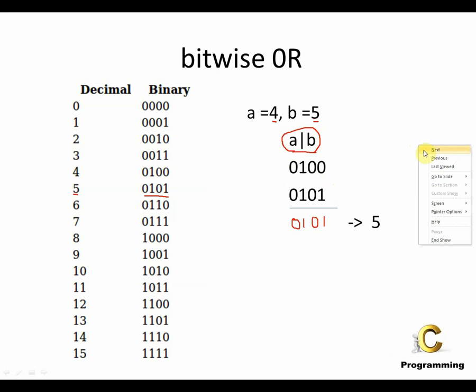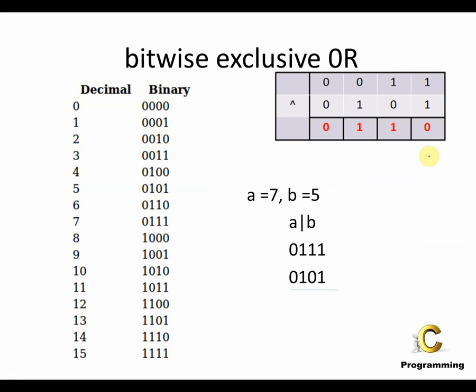Let's go to the next type of operator, which is bitwise exclusive OR. There is a mistake over here. It is represented in this format. So for the bitwise exclusive OR, you see over here, the operator is a caret symbol.